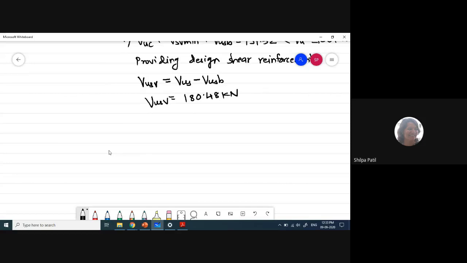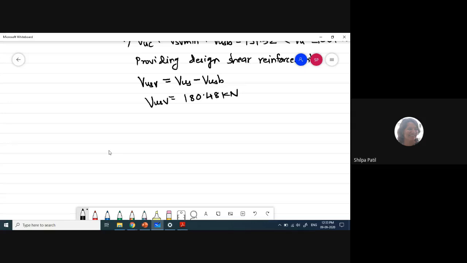Again, whatever diameter of shear reinforcement we considered for zone 1, the same we will use here. We will not reduce the diameter, but depending on the corresponding shear force and area of the shear reinforcement, your spacing will change because the VUSV value is lesser now as compared to zone 1.